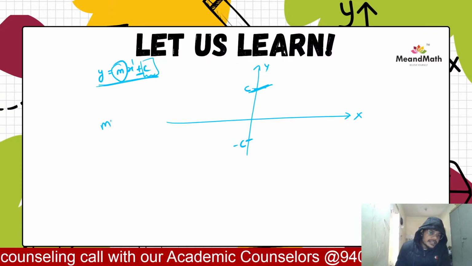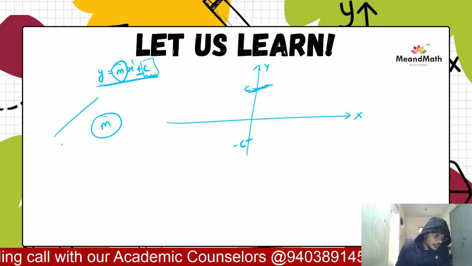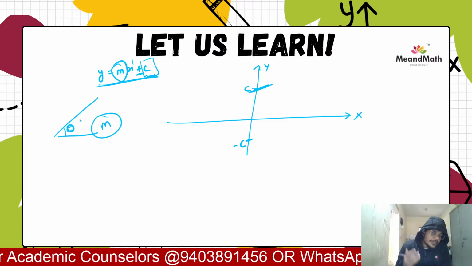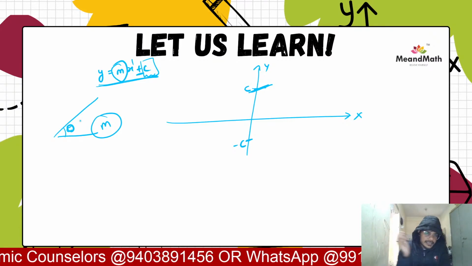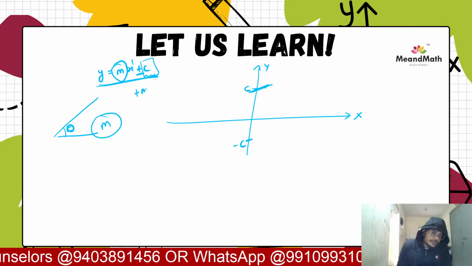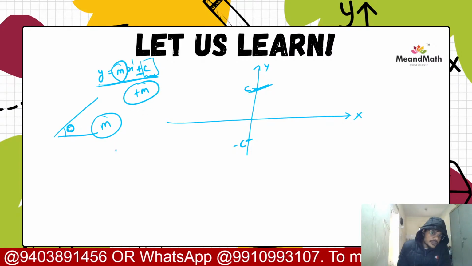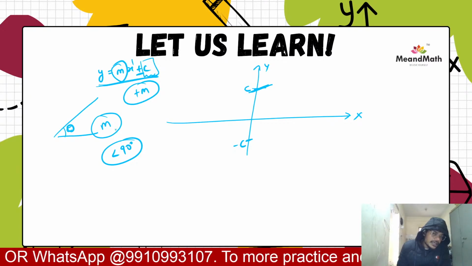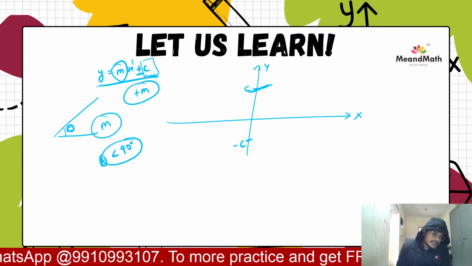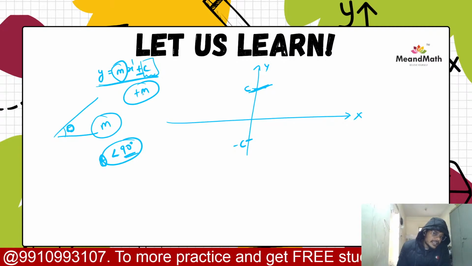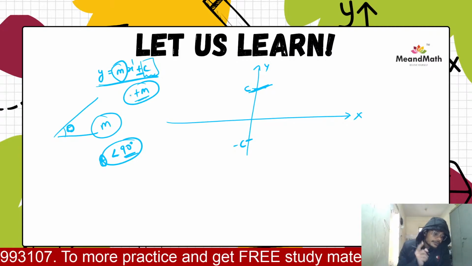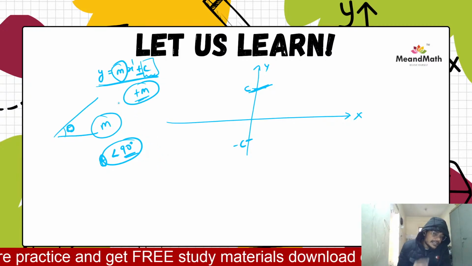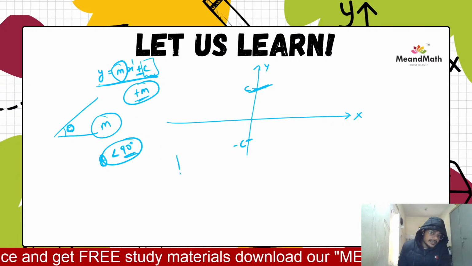This m represents the slope of the line. Slope means theta, the angle between your line and the x-axis. If this m is positive, that means this theta should be less than 90 degrees. But if this m is negative, that means your theta should be greater than 90.